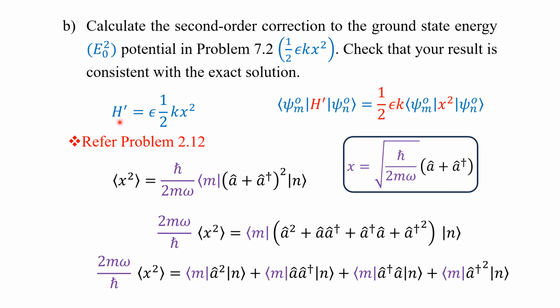The perturbed Hamiltonian is epsilon k x squared. The first task is to find the inner product of psi m, H prime, psi n, where I am replacing H prime by one half epsilon k, psi m x squared psi n.